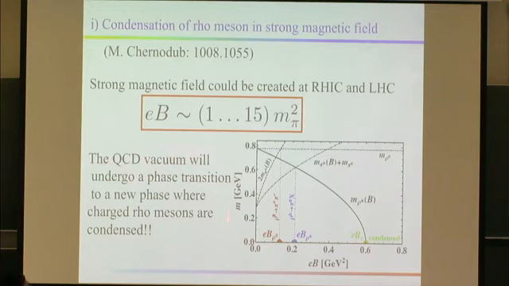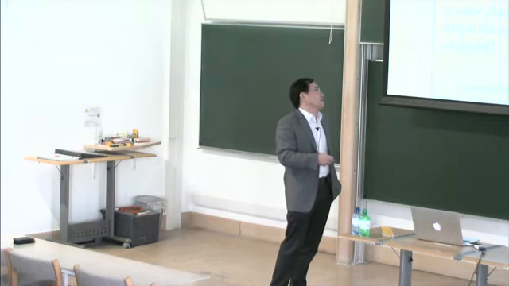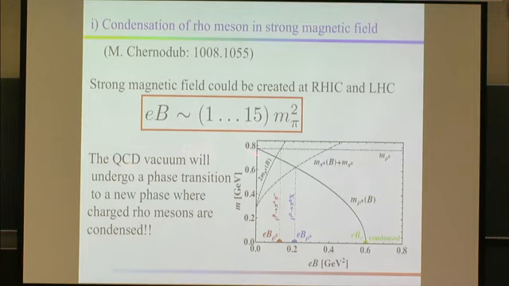Actually, in QCD theory, the rho meson is very short-lived. It will very quickly decay to the pi meson. However, in a magnetic field, the mass of the pi meson is increased with the magnetic field, while the mass of the rho meson is decreased with the magnetic field.